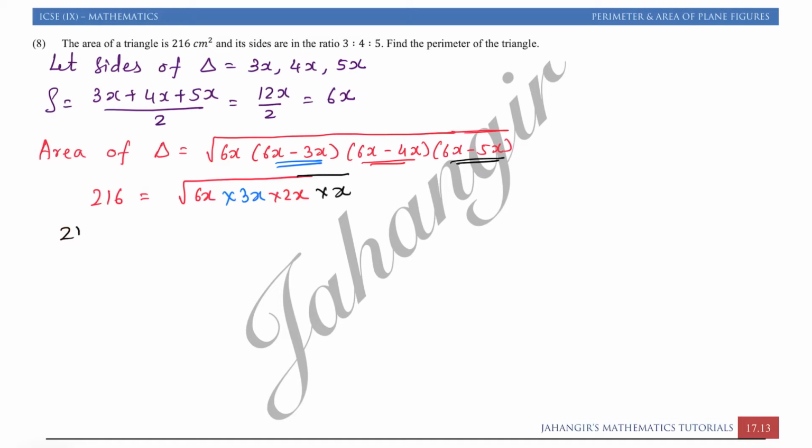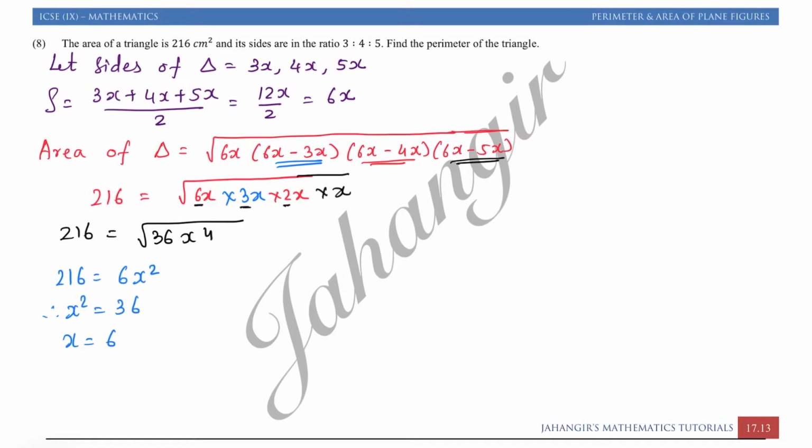So 216 is equal to square root of 6 3s are 18, 18 2s are 36, x raised to 4. We have x into x into x into x. So taking square root of this, you will get 216 is equal to 6x square. So therefore x square equal to 36, x equal to 6.